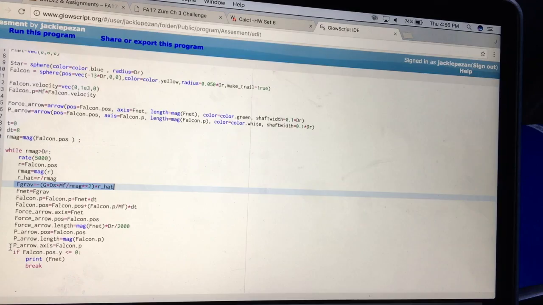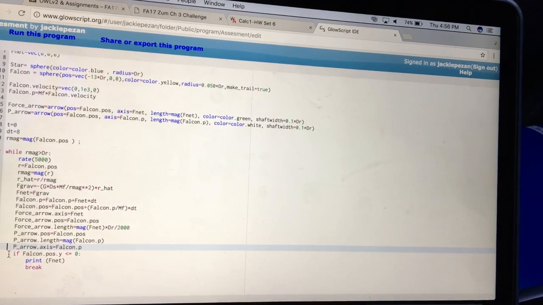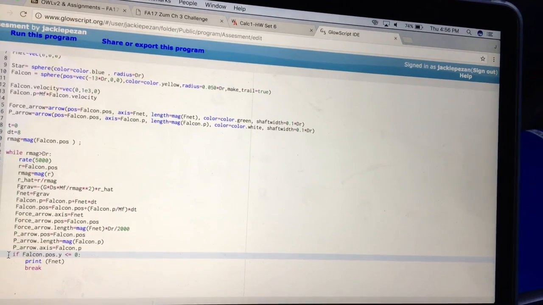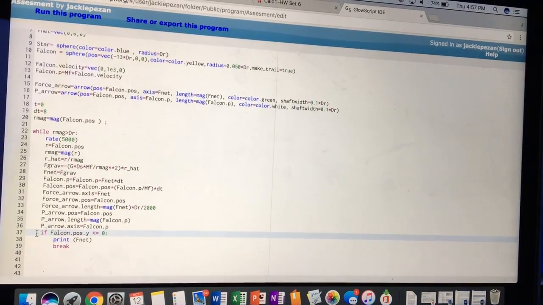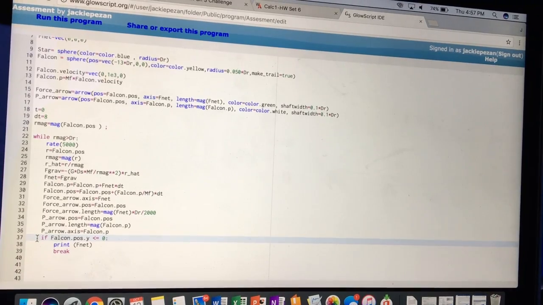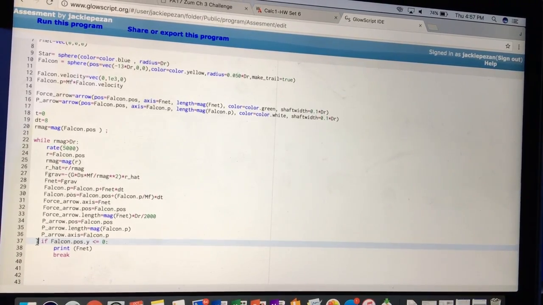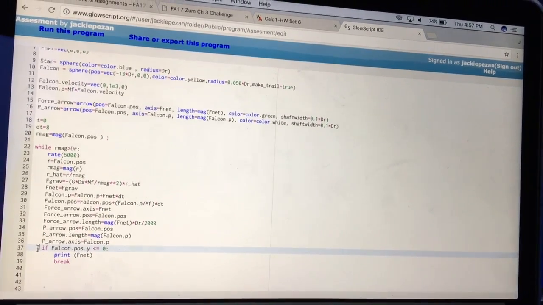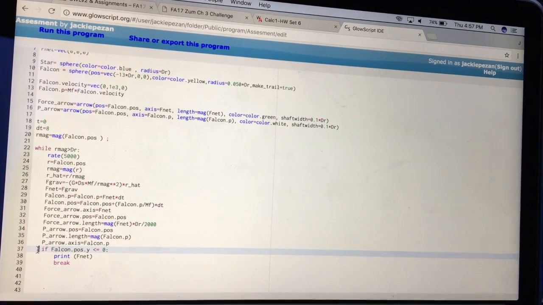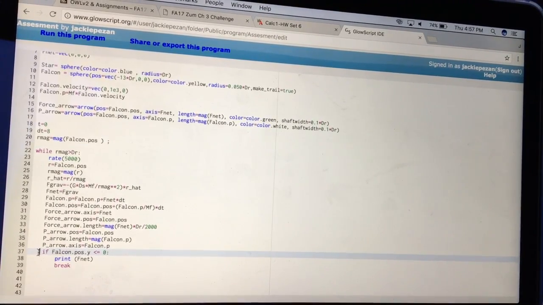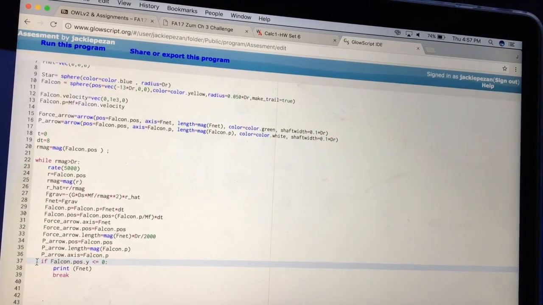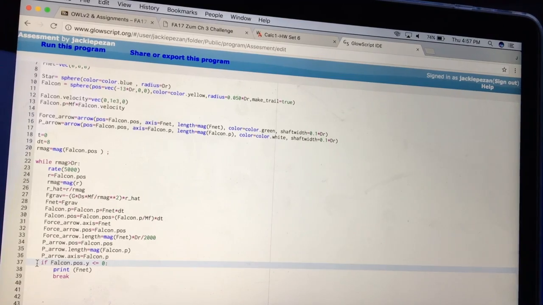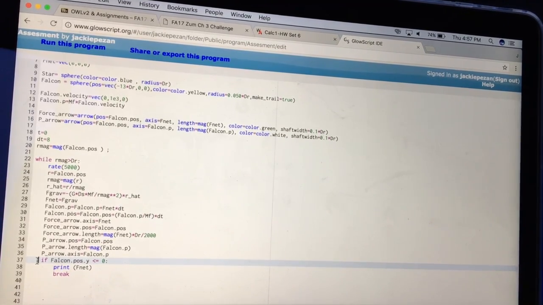Further down, we can see in line 37 what really helps us calculate the force. This is if falcon.pos.y is less than or equal to 0. If I had just left it without the y, it wouldn't have calculated it at the closest position. By entering y, I was able to calculate the force between the Death Star and the Millennium Falcon at the closest point between the two.